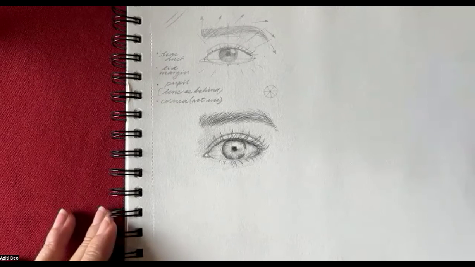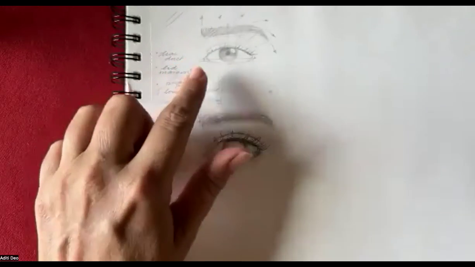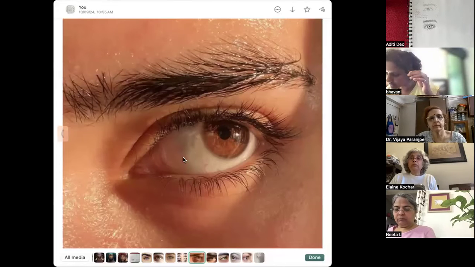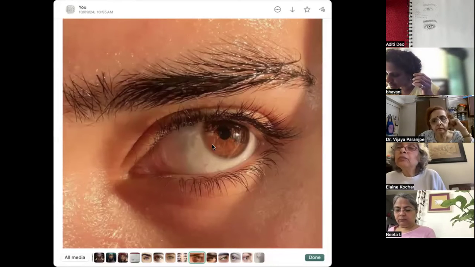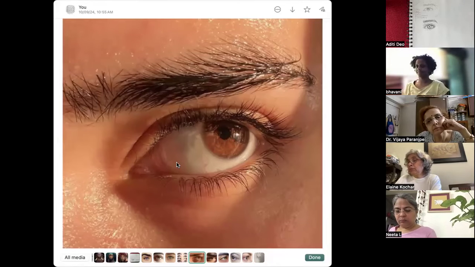Okay. So there are a bunch of different eyes that I have given. Not all eyes follow this formula. Like, for example, we have this eye. Here, the cornea is looking a little oval because the eye is looking a little to the side.